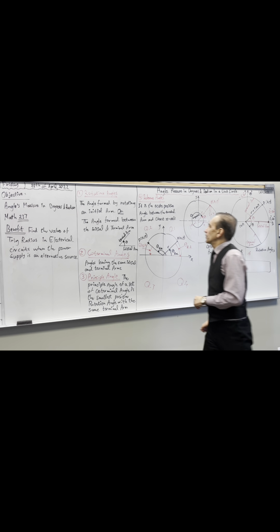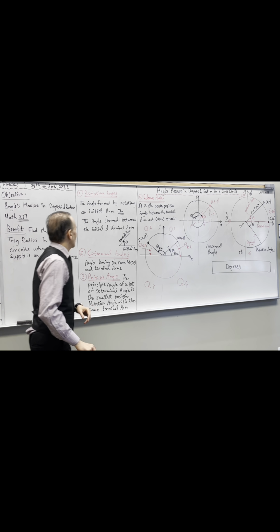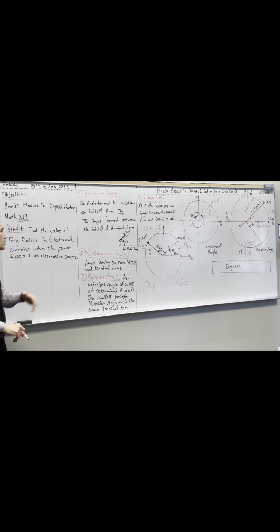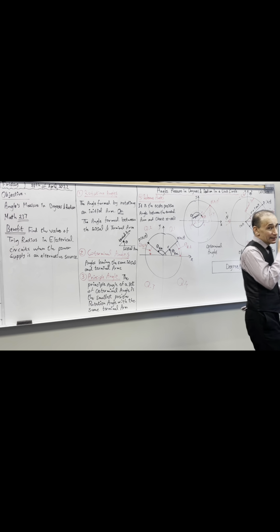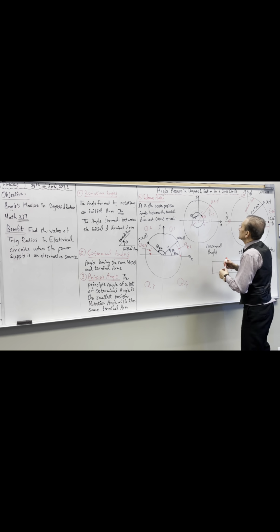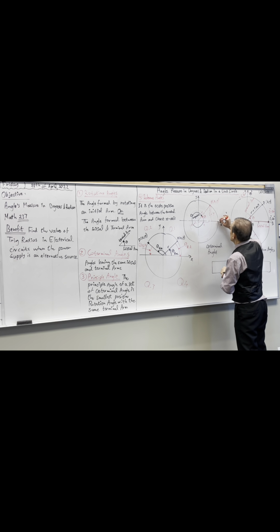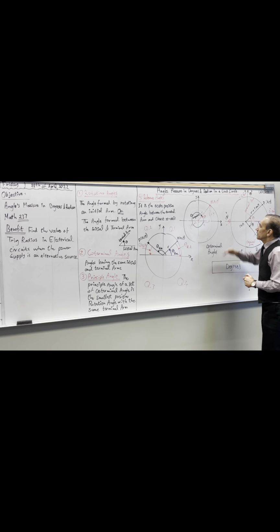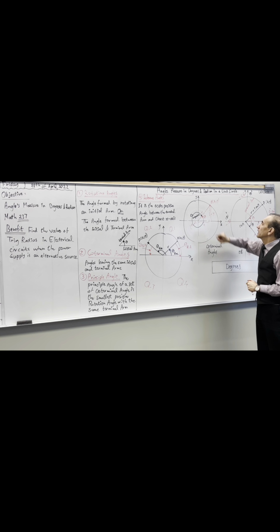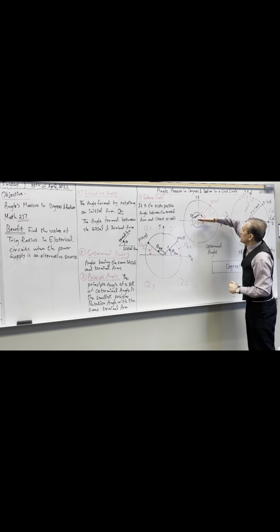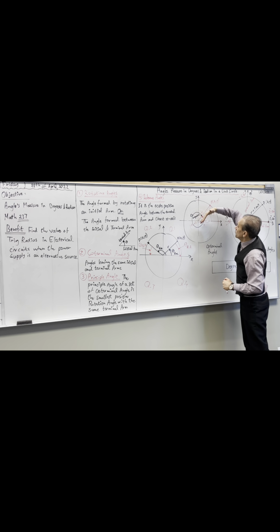The second thing here, guys, is the meaning of coterminal angles. Coterminal angles are angles having the same initial arm and the same terminal arm. Let's take an example. If I start from the initial arm on the x-axis and I rotate anti-clockwise with the angle theta, the red one, this is the initial arm and this is the terminal arm.